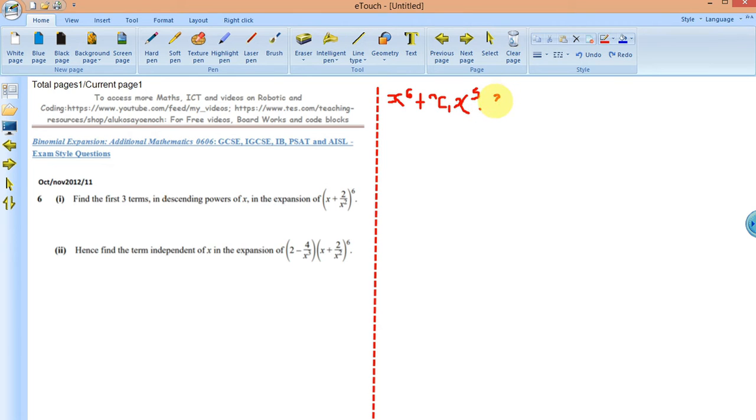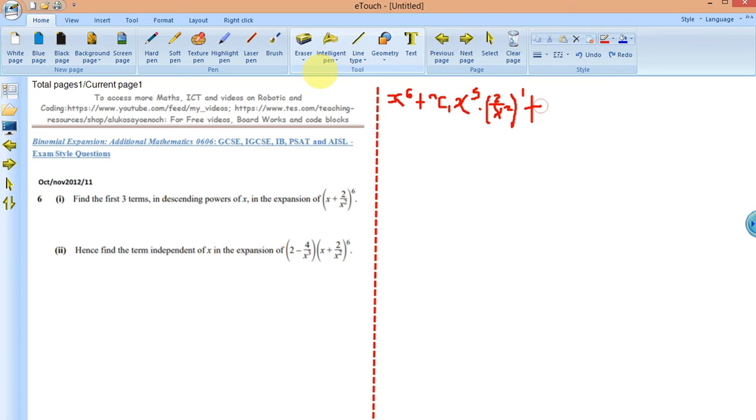So here now I have 2 over x squared all raised to the power of 1, then plus... I don't know why I put n combination 1 there.